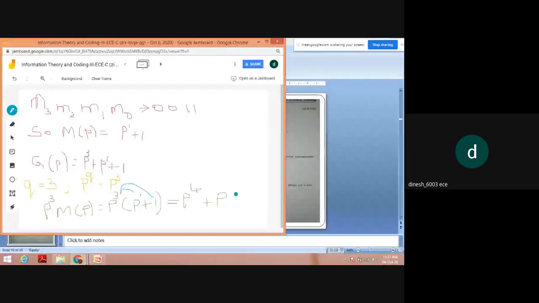I hope you would have got this for 0011. P cube m of p, p power 4 plus p.